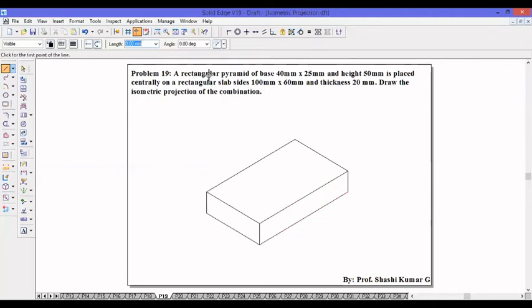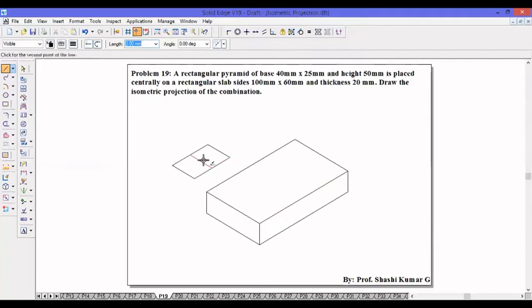Now the rectangular pyramid has to be placed. For the rectangular pyramid we have 40 mm length, 30 degree, 25 mm width, 150 degree. So 40 minus 150, 25 minus 30. Then find the midpoint of any two parallel opposite lines.